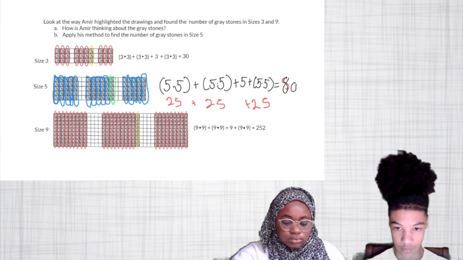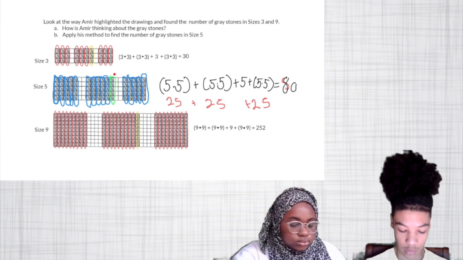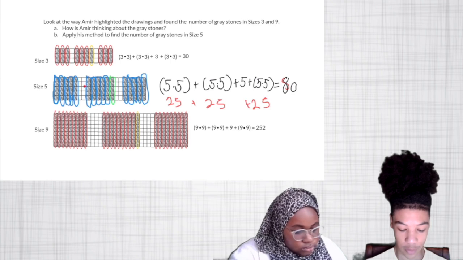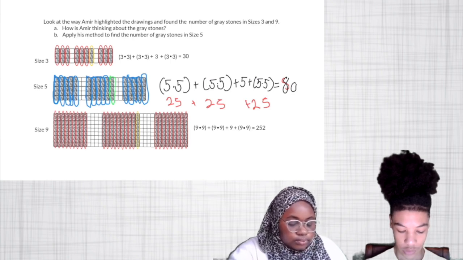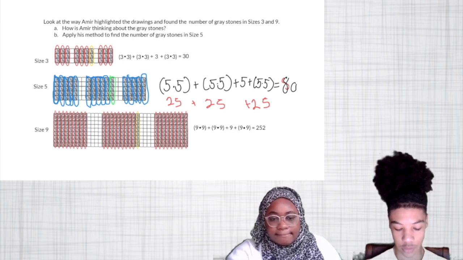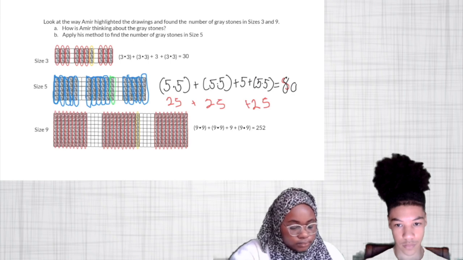And then keep going. And then we're going to add that plus another 5 times 5, which is going to be this little set right here, which is going to be 5 tiles in one column, and there's going to be 5 columns. Awesome. And when you multiply that out, what do you get? We get 25 plus 5.